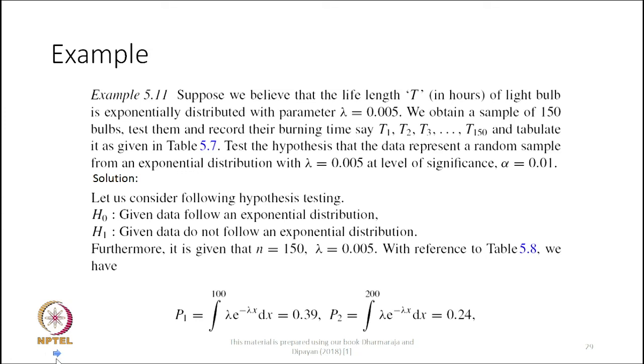So, you start with the statement, then find out the theoretical frequency, that is n times p i. That means you have to find out the probability of each interval. The intervals are made, whatever the number of intervals, therefore, you will find each one, p 1, p 2 and so on.